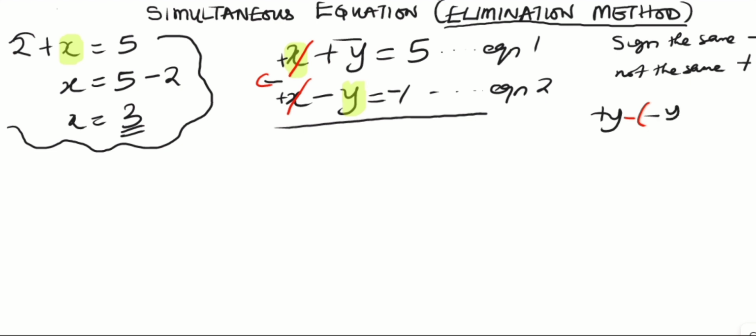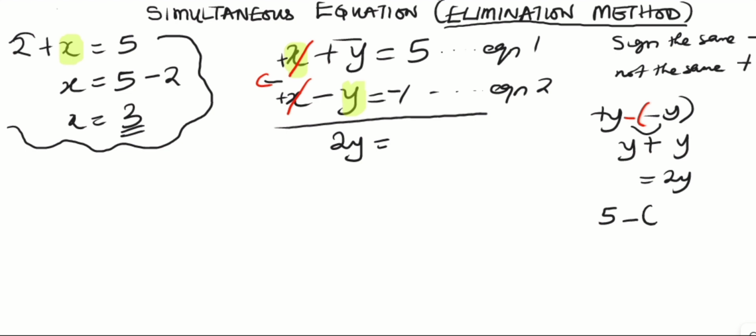Minus times minus will give you plus, and then you have y plus y, and that's how you get 2y. The same thing there: 5 minus minus 1 gives you plus, so 5 plus 1, and that's how you get 6.